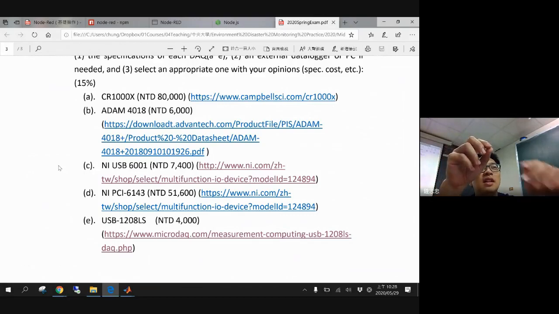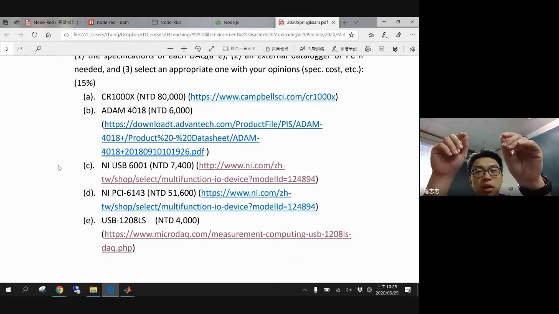So you can use the differential measurement or the single channel, depending on your requirement of accuracy. All of these can provide at least 8 channels of data acquisition. But somehow you need to check.